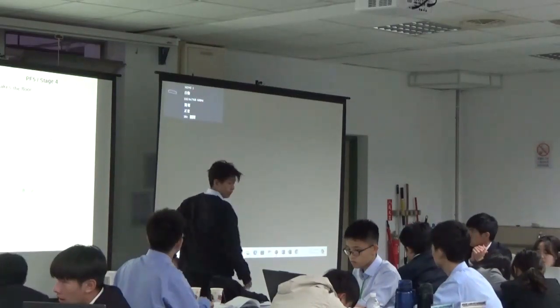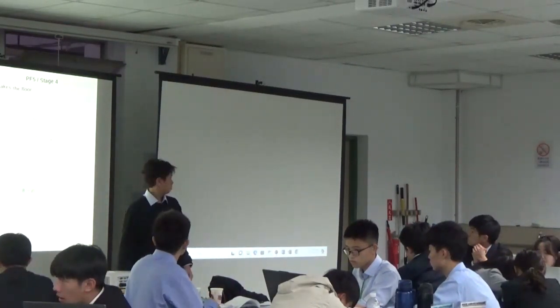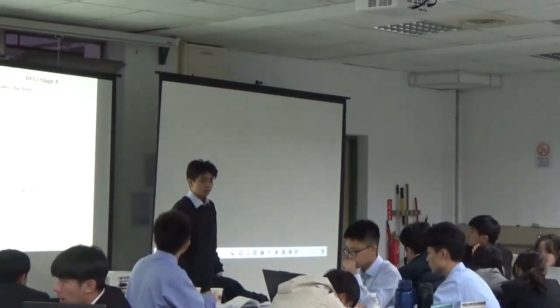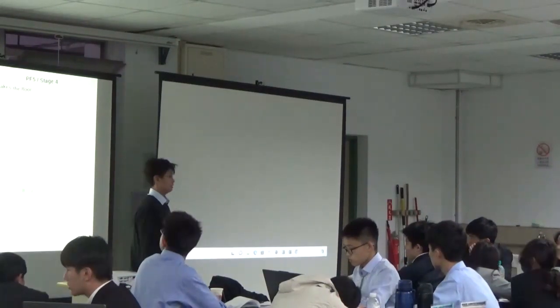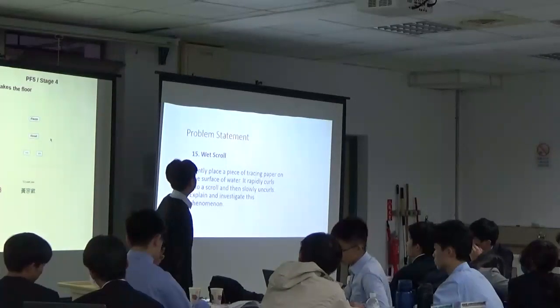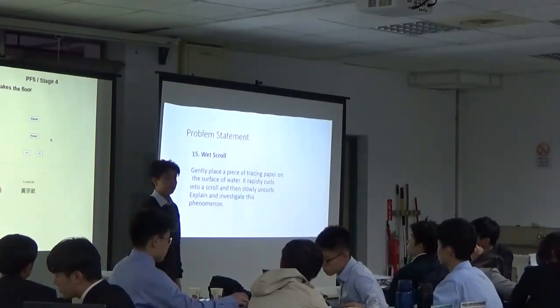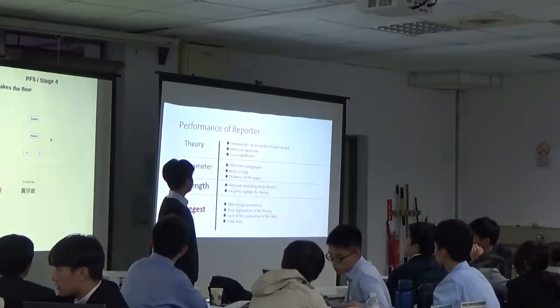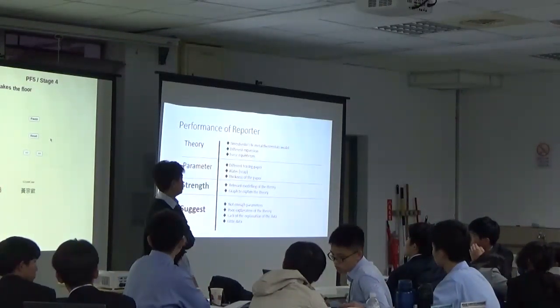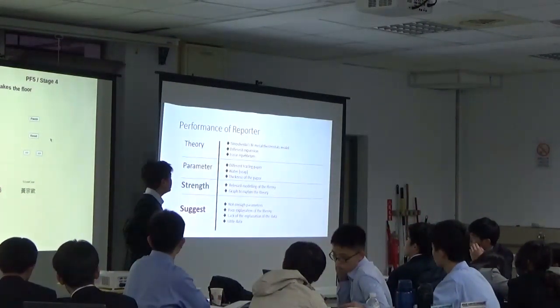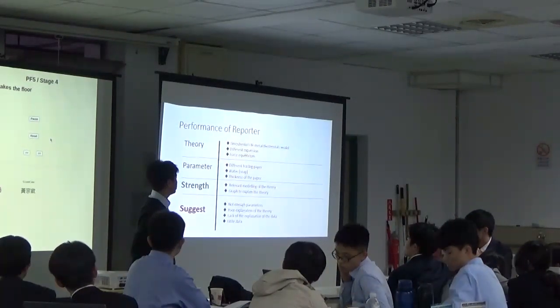So I'm going to review the question about the wet scroll. My name is Alex. This is the problem statement, which I think you have seen before, so I'll cut through it. These are the theory details. They use Timoshenko's model to describe their theory, with different expansion speeds and equivalent force.